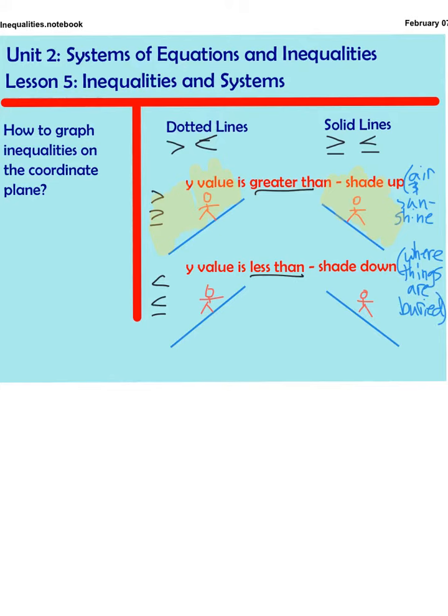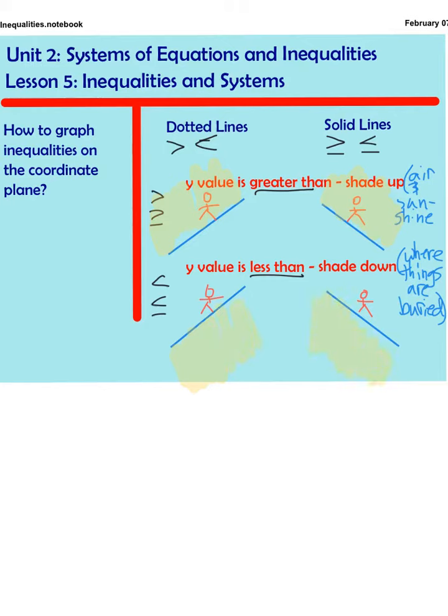Okay, so remember, things are buried below ground. So here you are in the air and sunshine, and below you would be down here. These are where things are buried. So that's where we're going to shade, down here below, down here below.